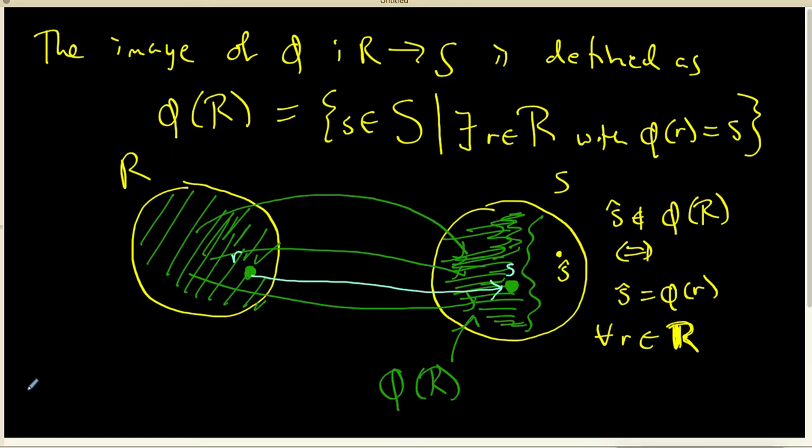Now what I want to do next is look at a couple of examples of finding kernels and images of specific ring homomorphisms. So our first example is going to be based on a ring homomorphism that we studied in a previous video.